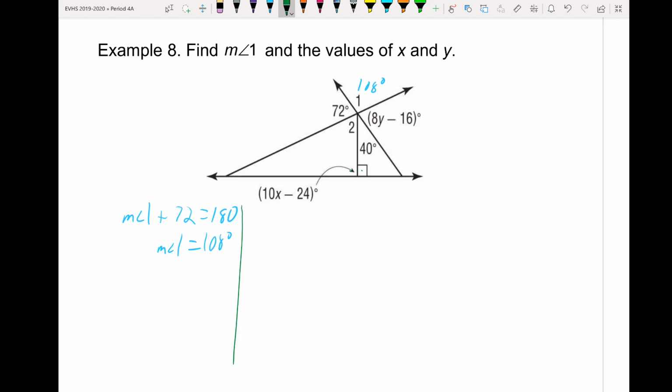I know that these two are a linear pair, meaning they're supplementary. Well, if this guy's a right angle, this one's also got to be a right angle. So 10x minus 24 equals 90. Add 24 gives me 10x equals 114. Therefore, x is 11.4.